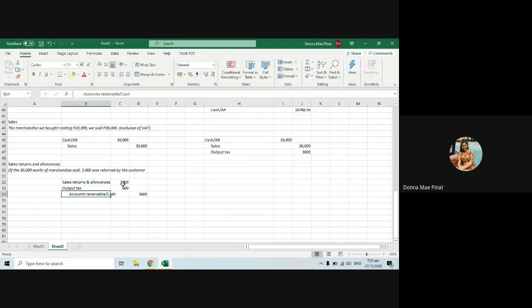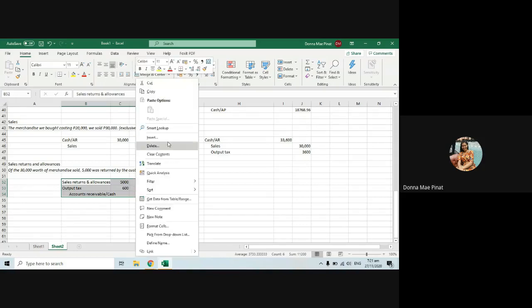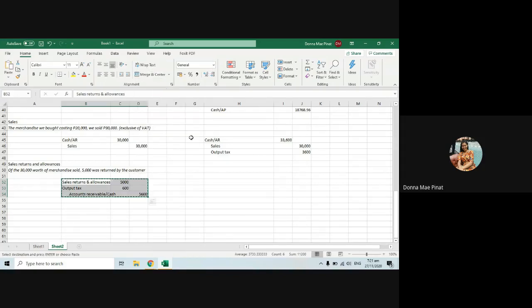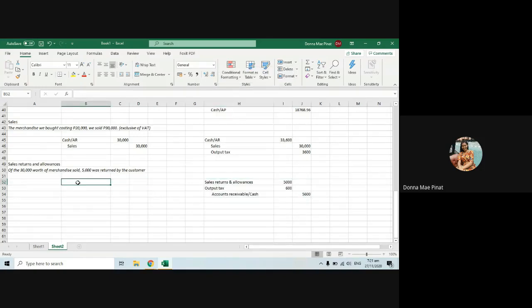Ano siya? 5,600. For non-VAT, syempre AR.